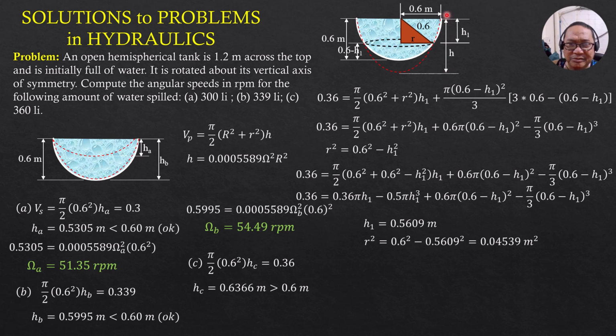h is to 0.6 square equals h minus h1 is to r square. So h is to 0.6 square equals, this is h minus h1, is to r square, 0.04539. That's already squared. So solving for h is 0.6418 meters.